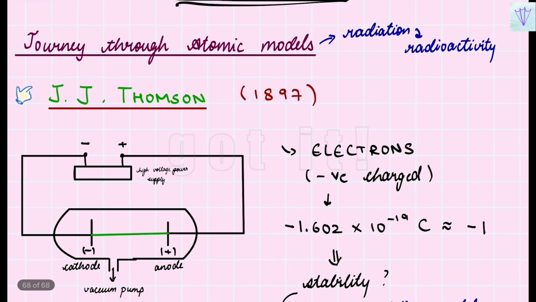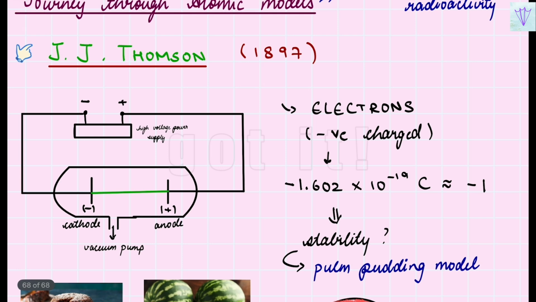Starting with J.J. Thomson, it began in the year 1897. He did the cathode ray experiment using electrodes, that is, a negatively charged cathode and a positively charged anode, and a high voltage power supply.